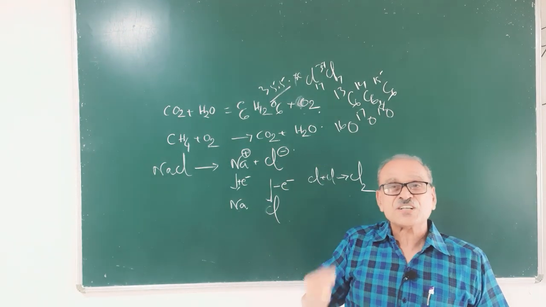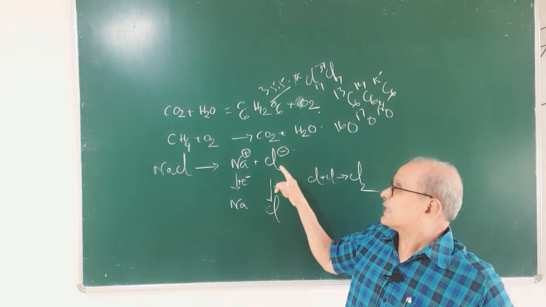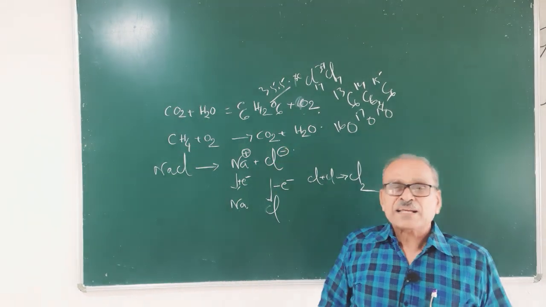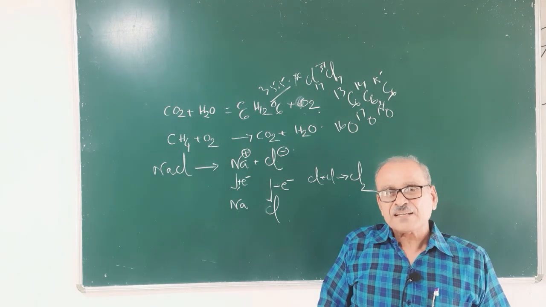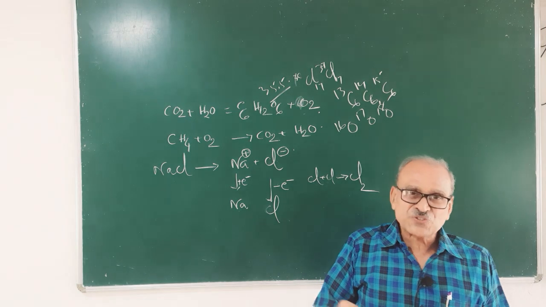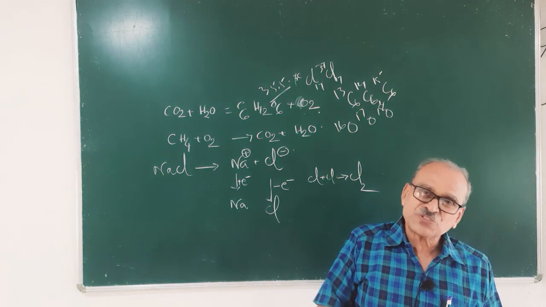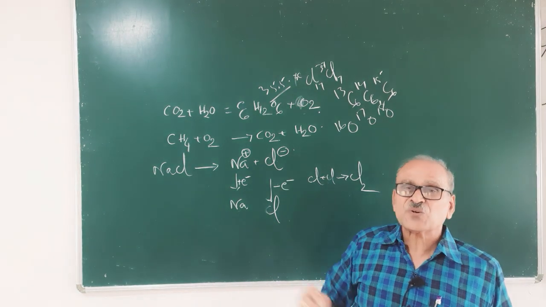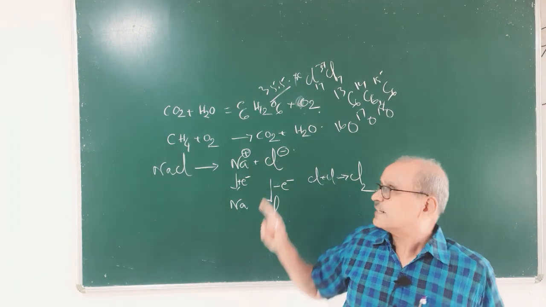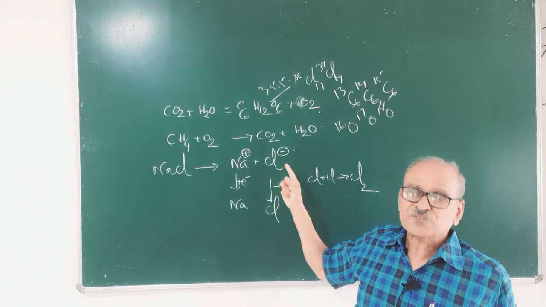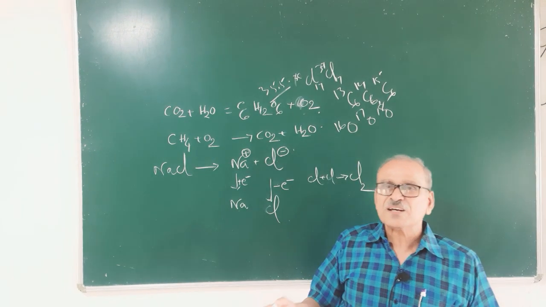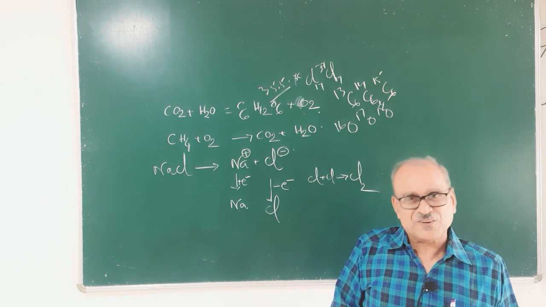One electron charge is unbalanced, so I represent a minus charge here. So, cations are those atoms or groups of atoms having residual positive charge. Anions are those atoms or groups of atoms having residual negative charge. So, in chemistry, we always talk about atoms, molecules and ions.